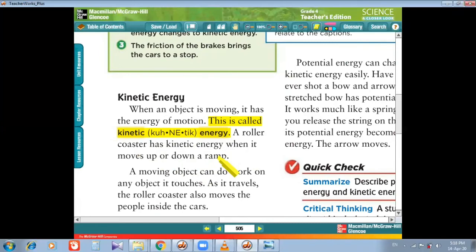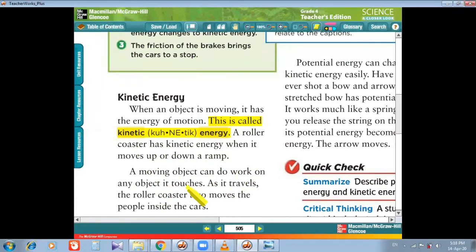So at that time we say that when the roller coaster is moving up or moving down, it has kinetic energy, because it is in motion. A moving object can do work on any object it touches.